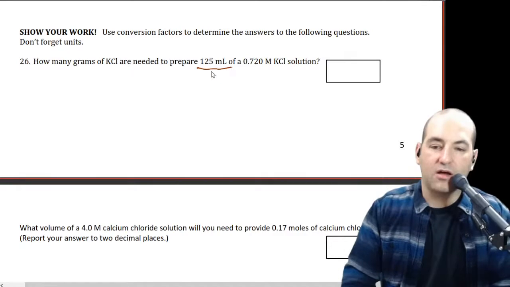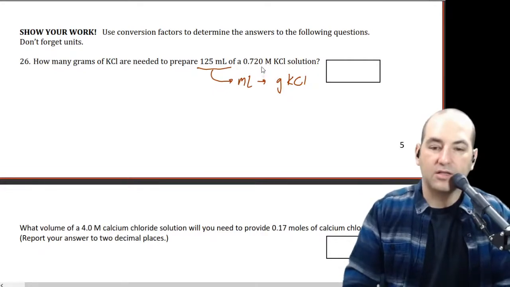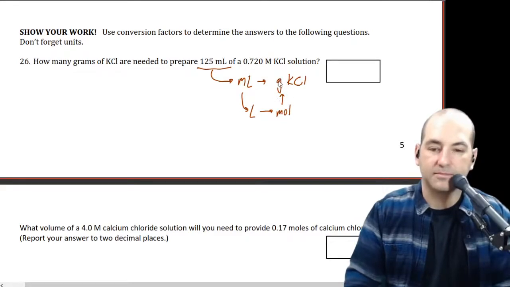We're taking an amount in milliliters, and we want to convert it ultimately to grams of KCl. Our conversion gives us a way to go between liters and moles, and then we can go moles to grams after that.